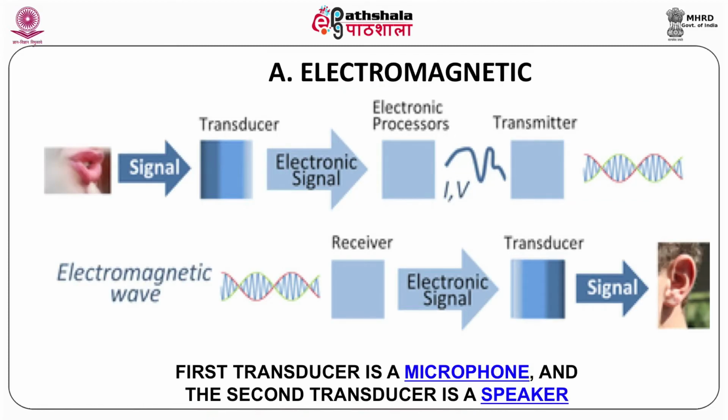For example, here you have seen that a voice signal is converted to an electric signal by a transducer, then electronic processors transmit the waves, and then the electromagnetic wave is received, converted by the receiver to an electric signal, and then a transducer converts it back to sound. So the first transducer is a microphone and the second transducer is a speaker. So you have these two using electromagnetic waves as an example.